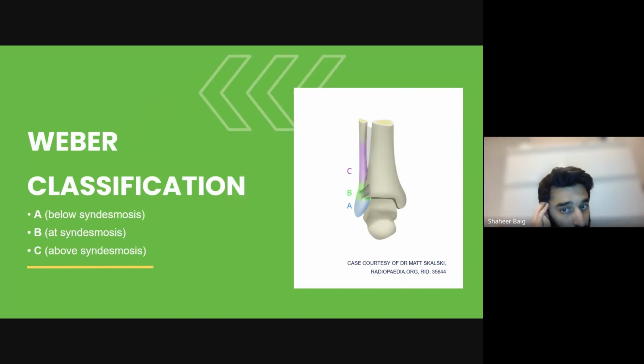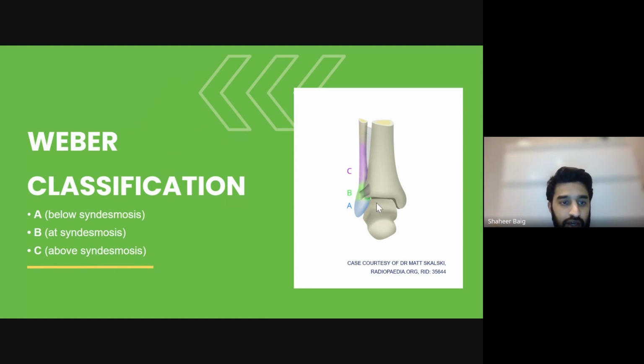So we come to the Weber classification when we talk about distal fibular fractures or lateral malleolar fractures, and going from distal to proximal is an ABC classification.